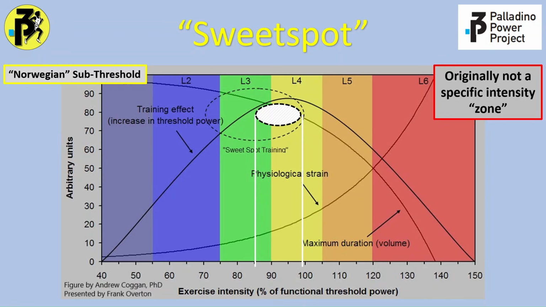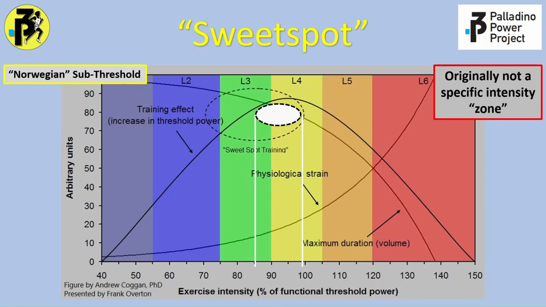Anyway, getting back to Norwegian concepts. The Norwegian concept, again, is that you do a lot of training, not the whole training intensity distribution, but a substantial portion of it, in this big return on investment intensity domain, which is just below thresholds extending down to maybe about marathon power.